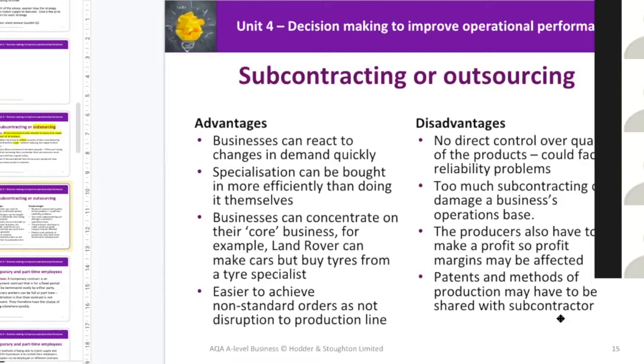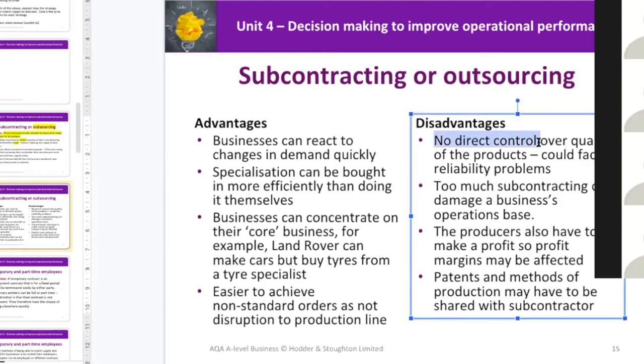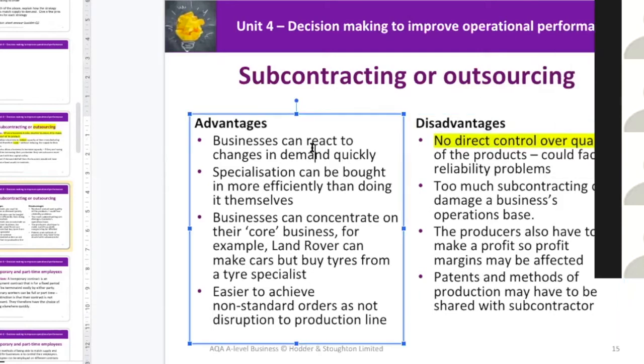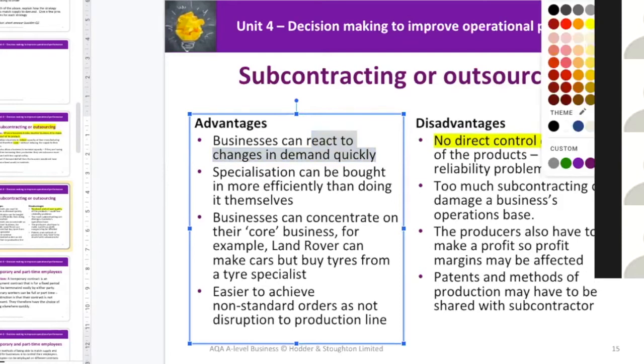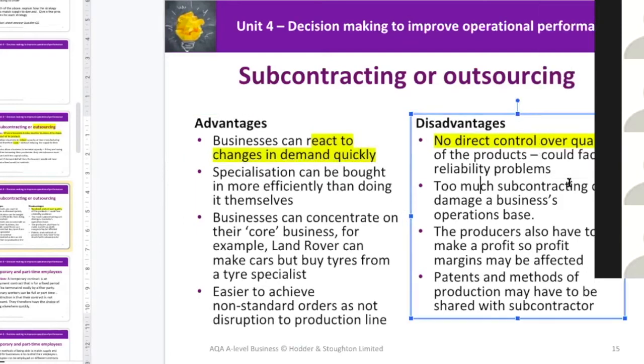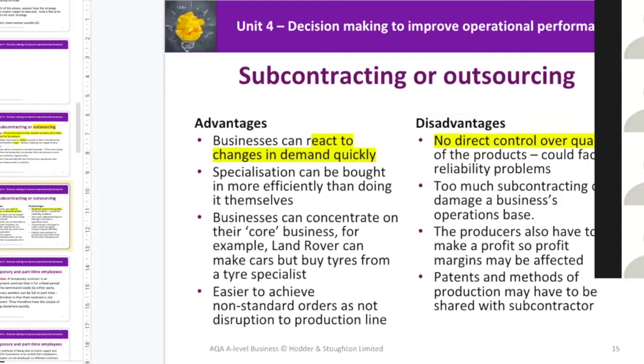But the problem with outsourcing is you do not have direct control over the quality. This one is quite easy to think about. If company A outsources their production to company B, but company A is in London and company B is in China, how can they monitor their production? How can they monitor the quality of the product?